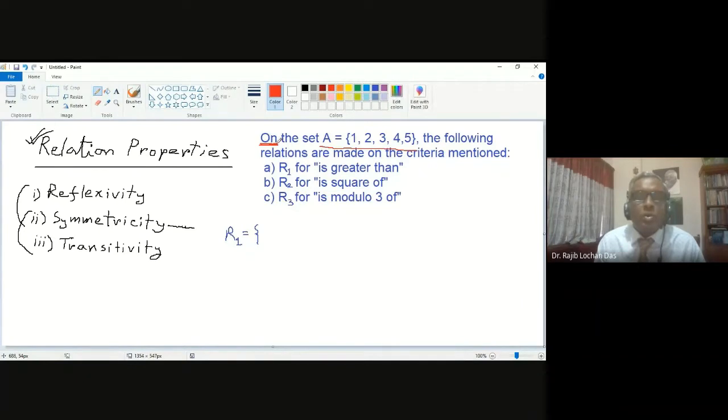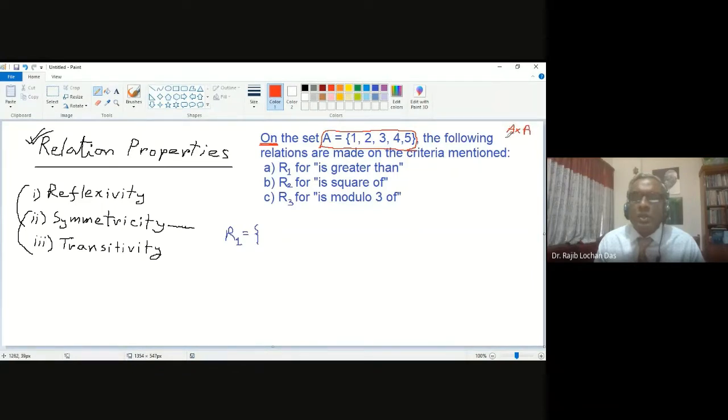When you see "on", that means one set is given, and this is the domain and this is the range, the same. That means the starting set is A and the ending set is also A. So the cross product is actually A cross A.